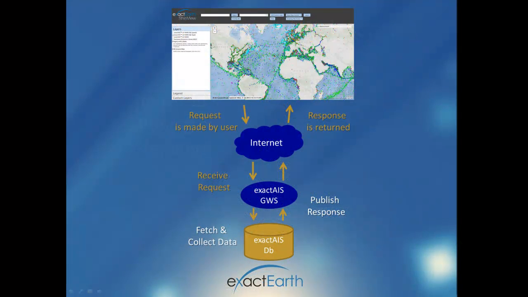Data is easily integrated with other geospatial datasets and allows users to receive data on demand. We've shown how, with quick and easy customized filters, users can receive instant data responses based on geography, time, and AIS message attributes. Never before has exactAIS data been so readily accessible.